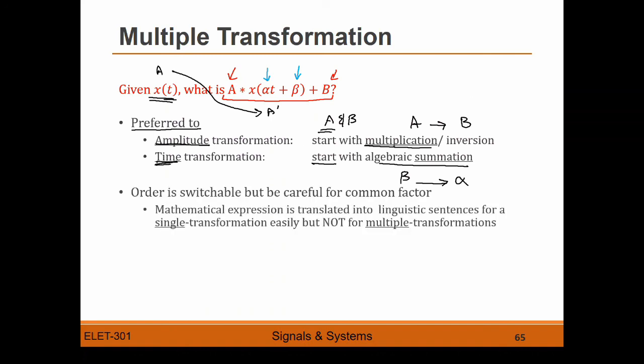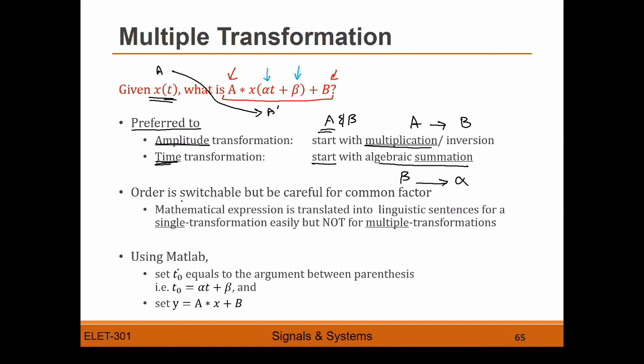This order is switchable, but be careful with common factors, because when you switch, you have to take the common factor into consideration. A mathematical expression is translated into linguistic sentences easily for a single transformation, but not for multiple transformations.